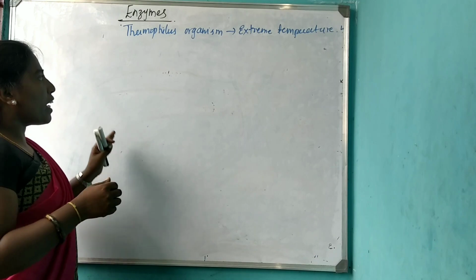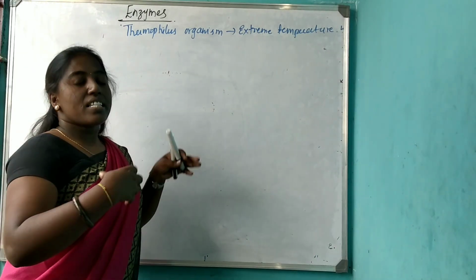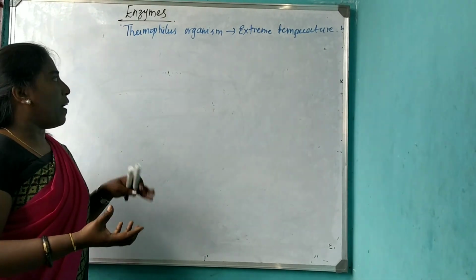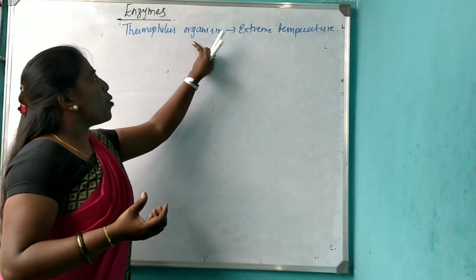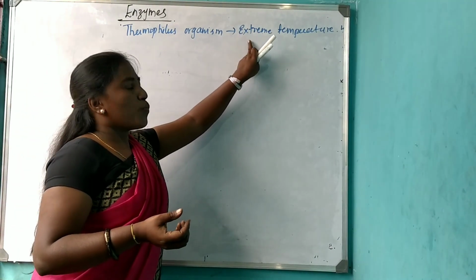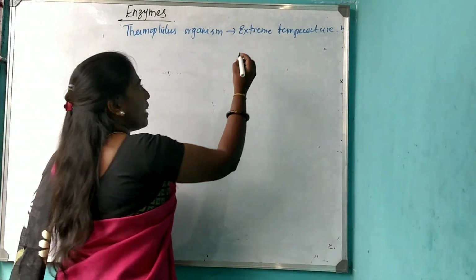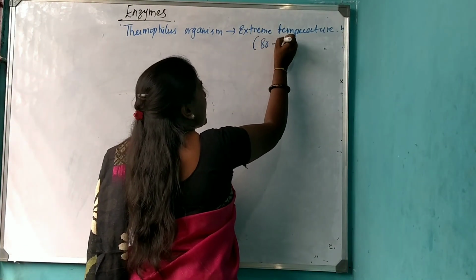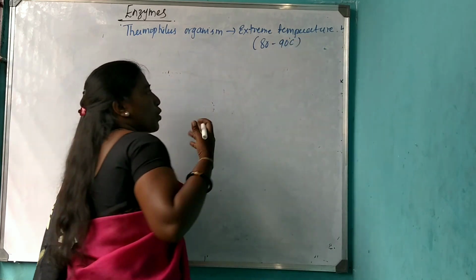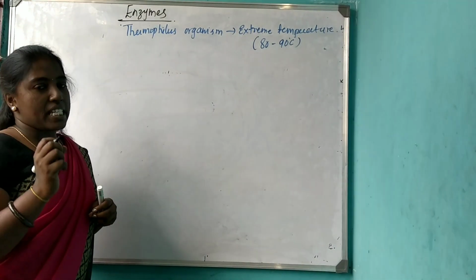which are thermostable. Actually, the enzymes are sensitive to heat or temperature. But in the case of thermophilous organisms, which are growing in extreme heat, like 80 to 90 degrees Celsius, they have a thermostable enzyme.